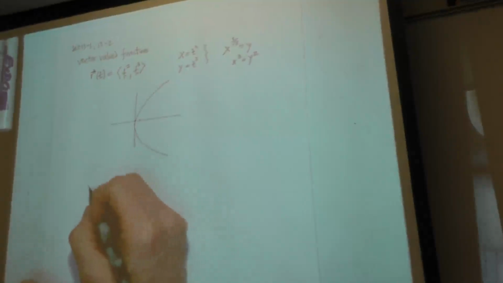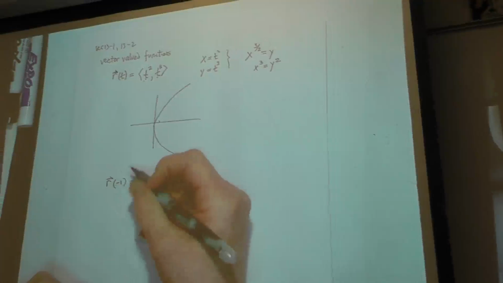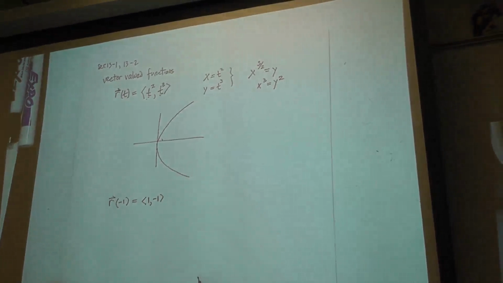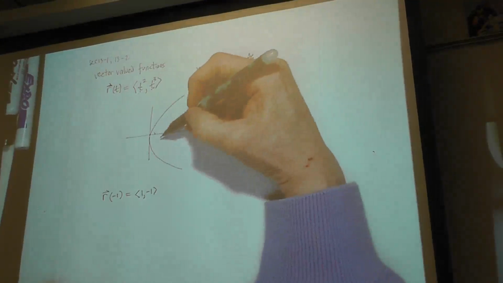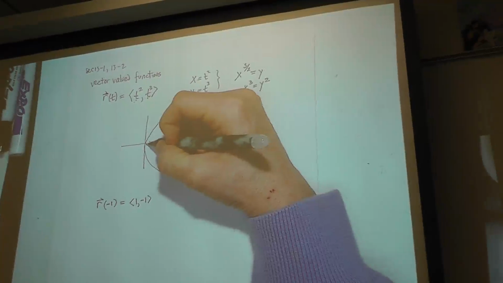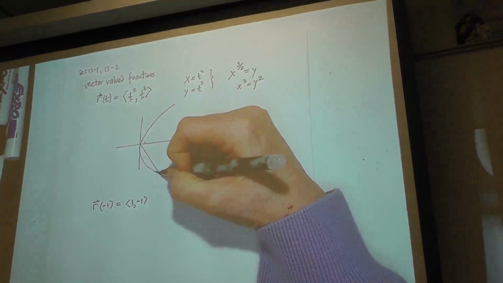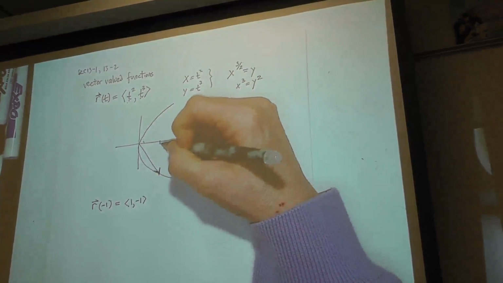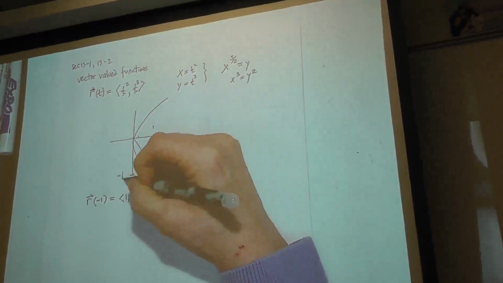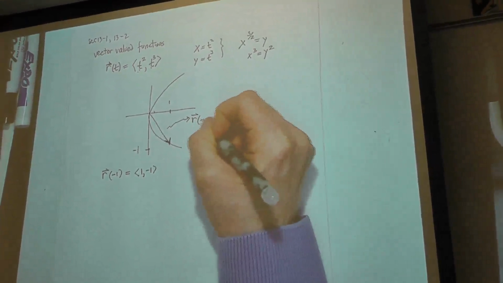So, for instance, what is r of -1? That would be the vector 1, -1. The way in which we view these functions is I would locate the vector 1, -1. So the coordinates of this point would be 1, -1, and this would be the vector r of -1.